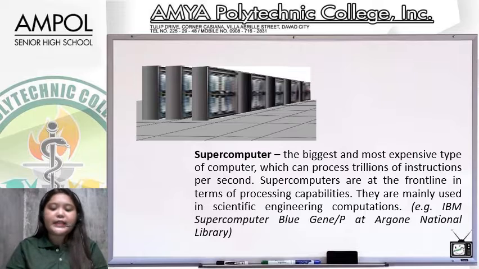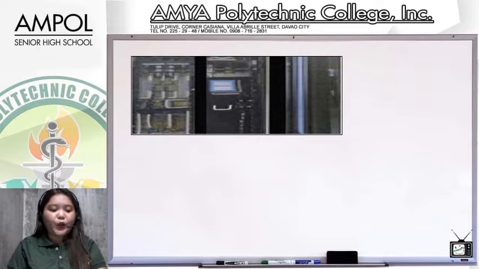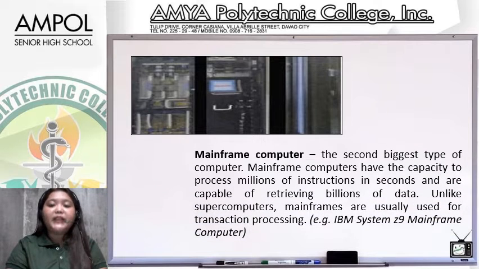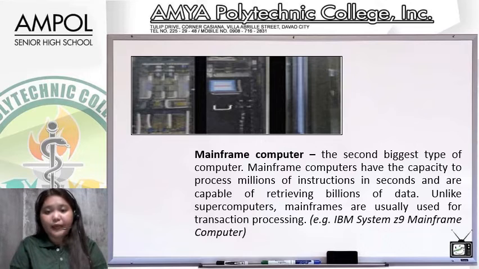The second one, in this picture, is what we call the mainframe computer. Our first one is the supercomputer, and the second biggest type of computer is the mainframe.